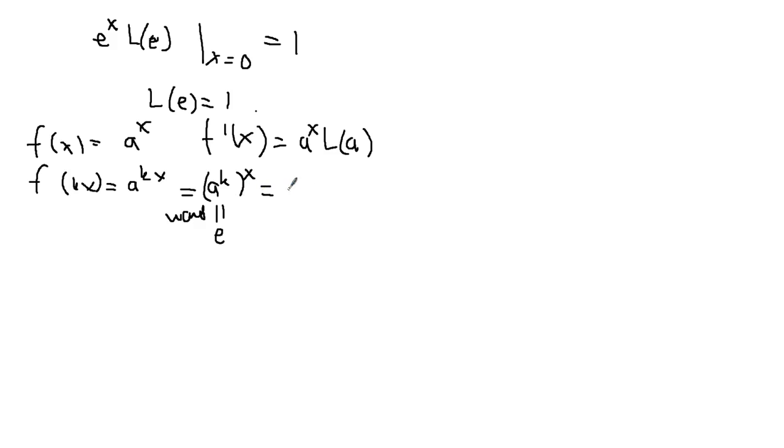Let's say a to the k is equal to a number b, where b equals e, and this is what we want. So that's b to the x, right?